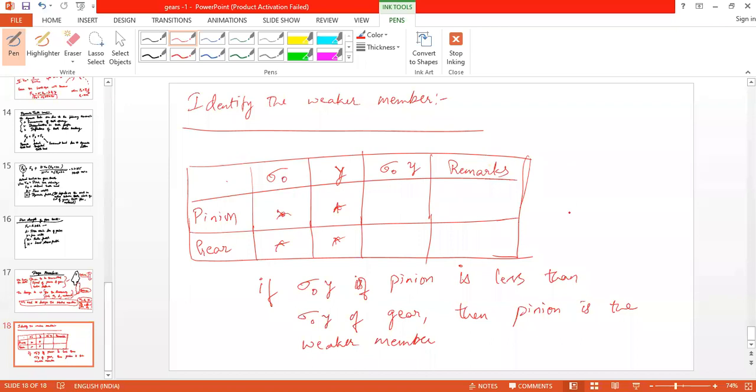Similarly, vice versa is also true. If sigma OY of gear is lesser than sigma OY of pinion, then the gear will be the weaker member. So once you know the weaker member, then you can design the weaker member.